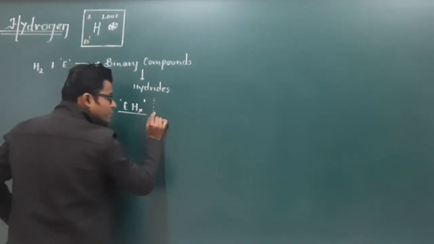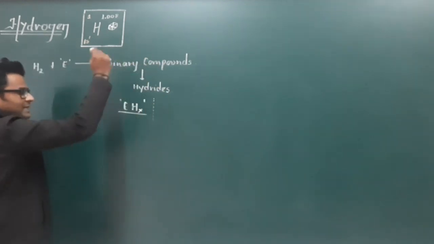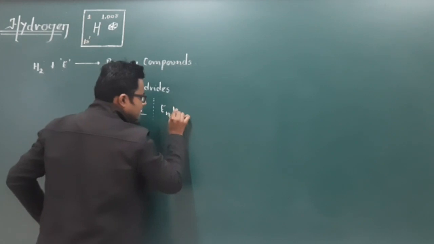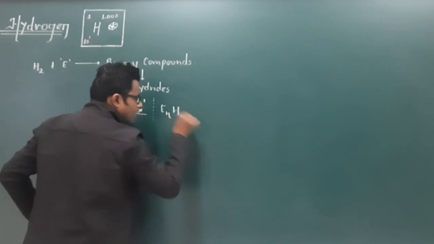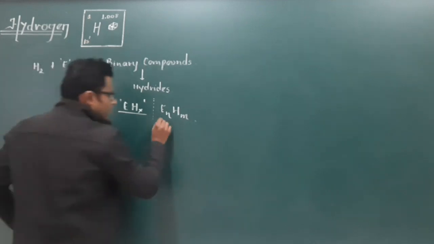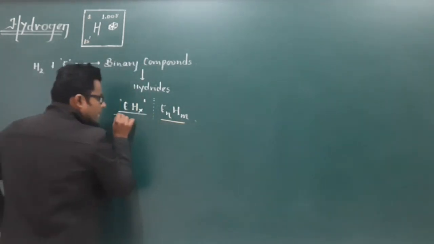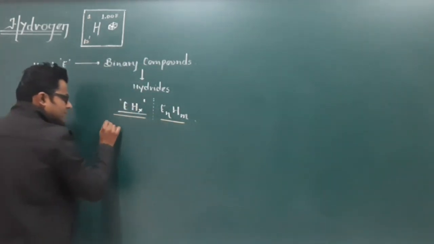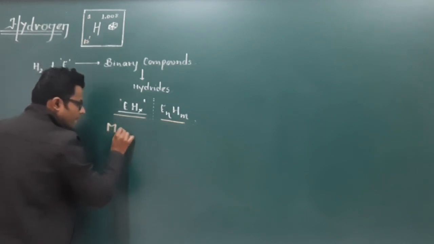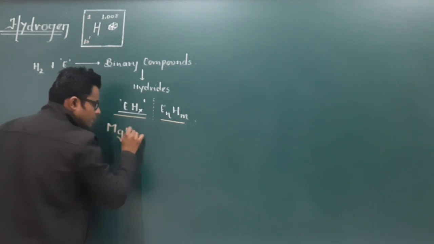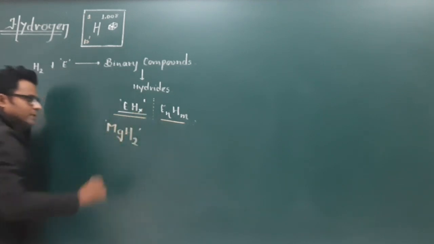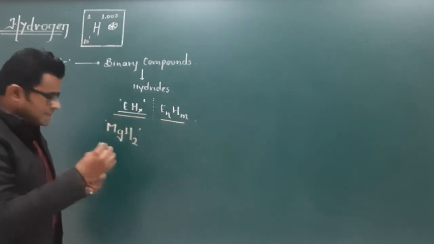Or sometimes we also represent these hydrides as En, Hm. Now let's take a look at the examples. In this particular case, let's say E is the element magnesium, so MgH2. Therefore, here X becomes 2.